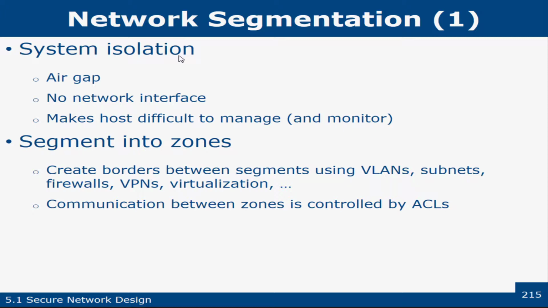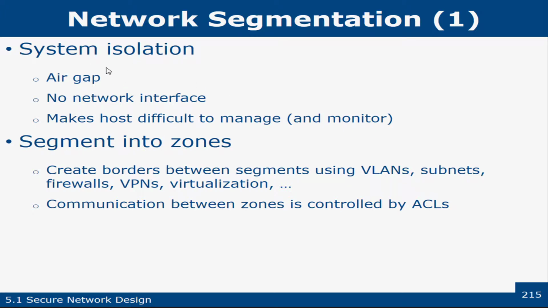So when you're designing your architectures, just be aware that there's many different ways to isolate your network. Not having an interface card. Well, if you don't have a network interface card, it's not on the network.